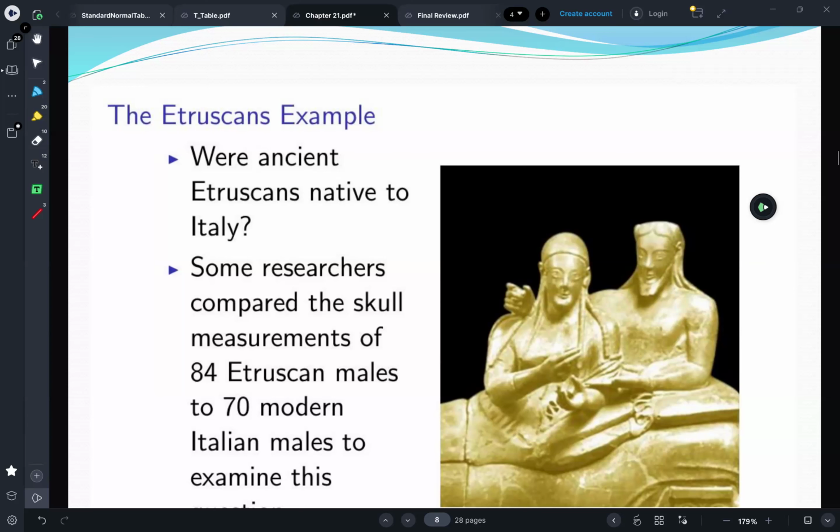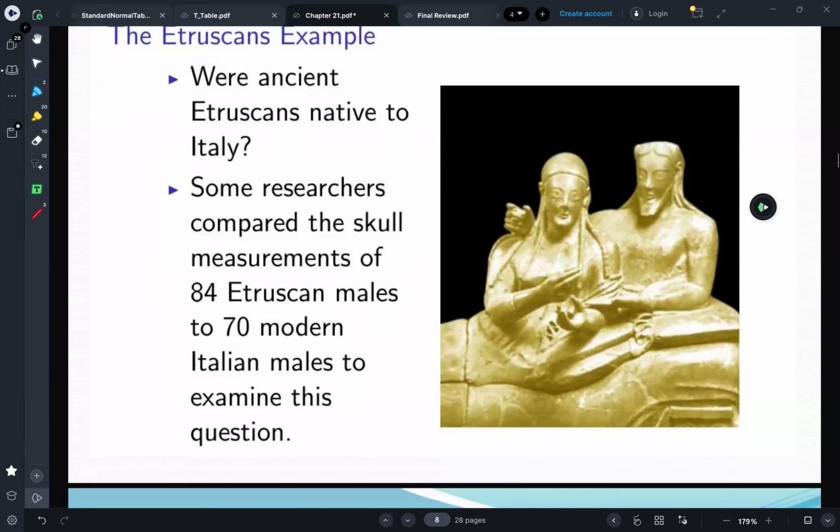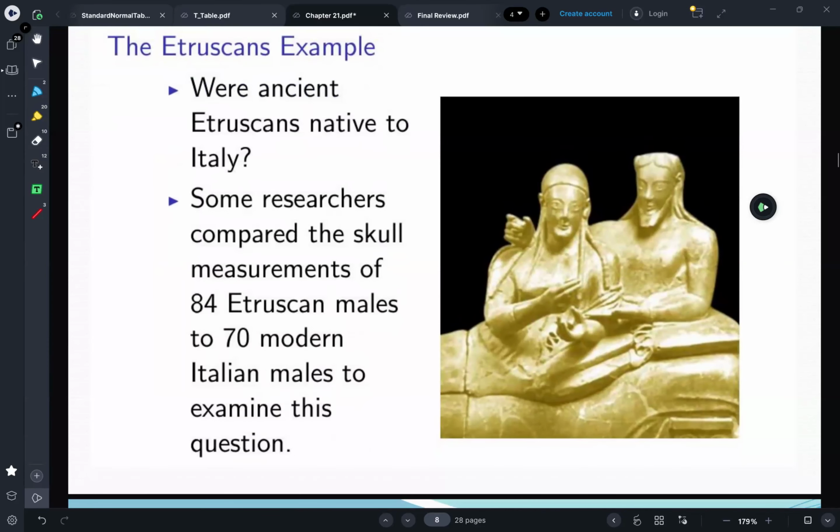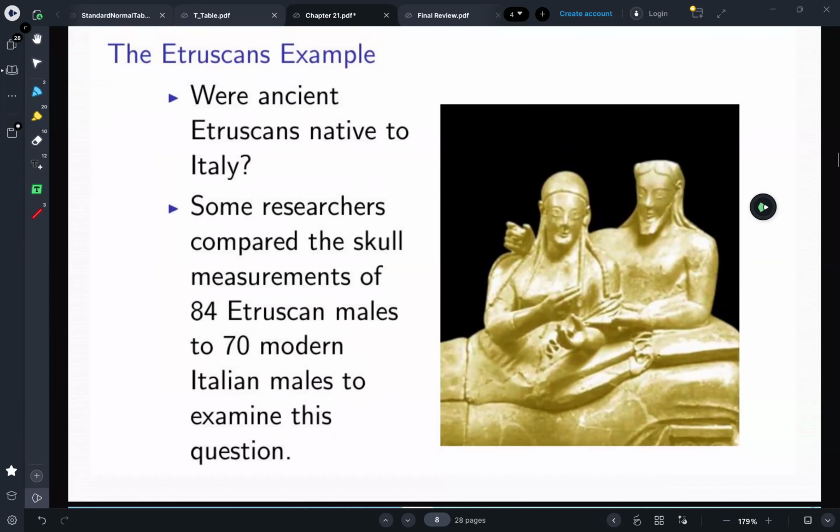So they compare the skull measurements of 84 Etruscan males to 70 modern Italian males to examine the question. It's an ancient civilization. And the question is, were ancient Etruscans native to Italy? So they can take these measurements from literally two different populations.